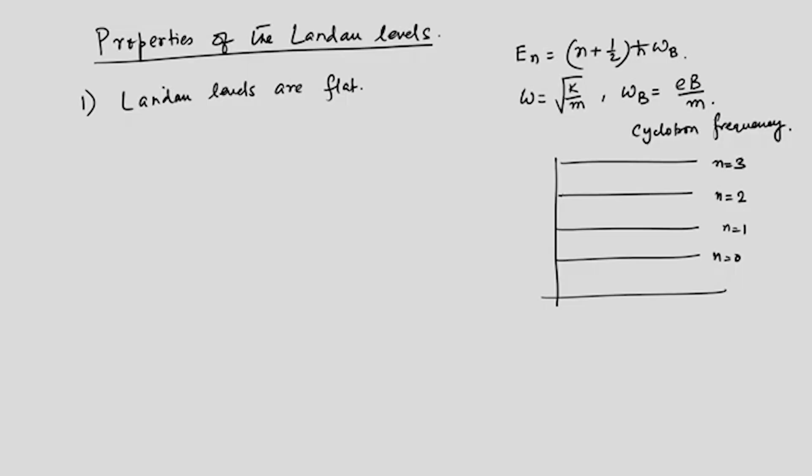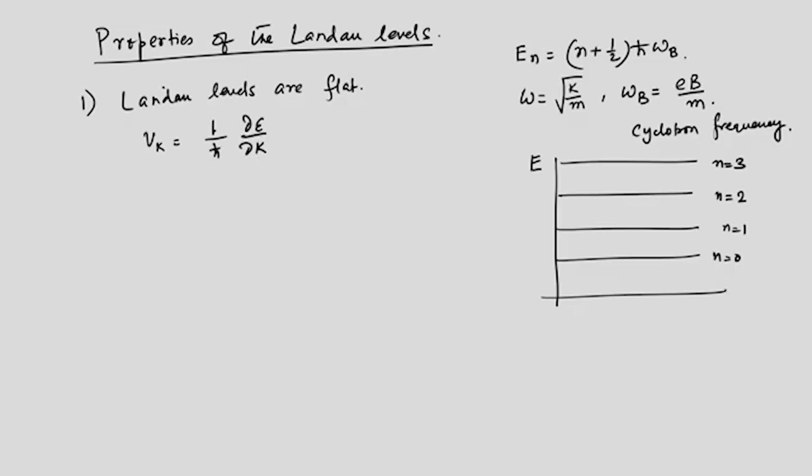Okay, so when I say they are flat, it means that they have no dispersion, so this is E, and they have no dispersion. That means that the velocity of the electrons, if you remember your band theory chapter, tells you that v_k is 1 by h cross del E del k, or it depends upon the slope of the band energies.